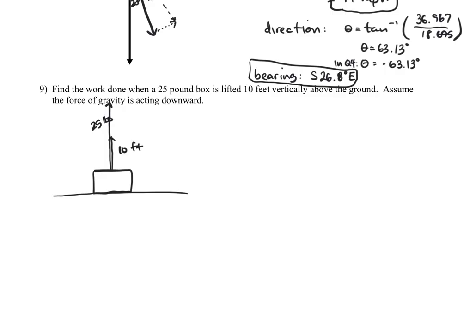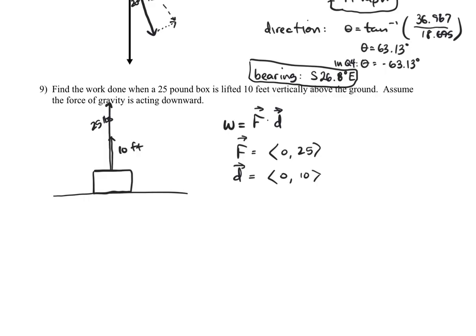So work is equal to the dot product of the force vector and the displacement vector. So the force vector is 0 in the horizontal, but 25 in the vertical, and the displacement vector is again 0 in the horizontal, but 10 in the vertical.